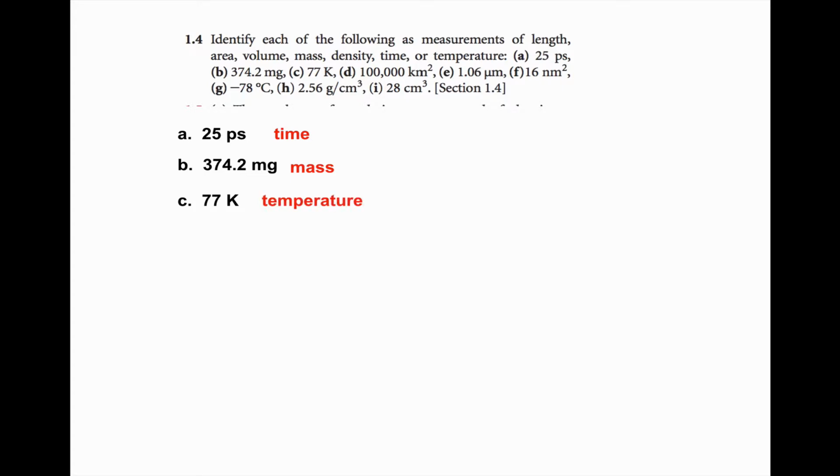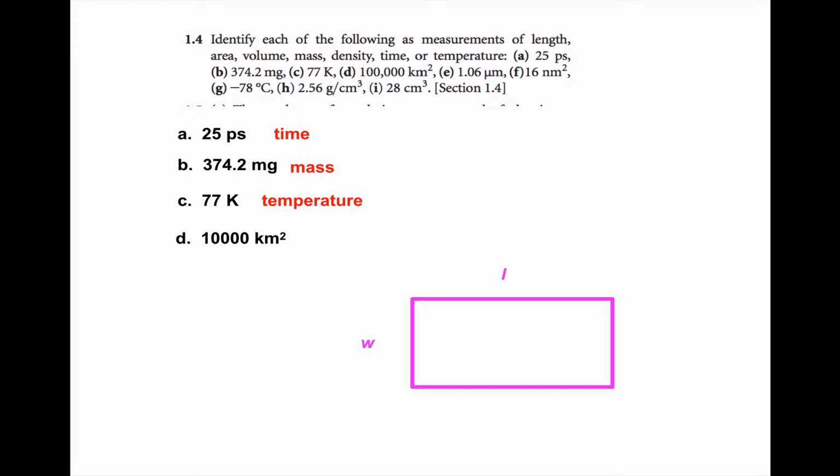D, little k, little m squared. All right, so in this situation, the prefix is kilo, so it's kilometer squared. So we're talking about area. So length times width, kilometer times kilometer gives me kilometer squared, which is the derived unit for area. So derived units, right? We have 7 base units from which we derive all other units of measurement.